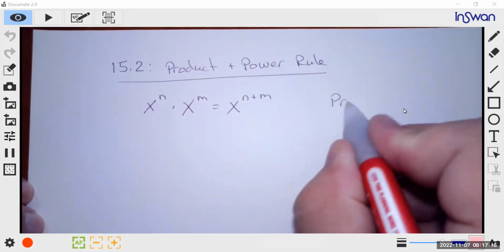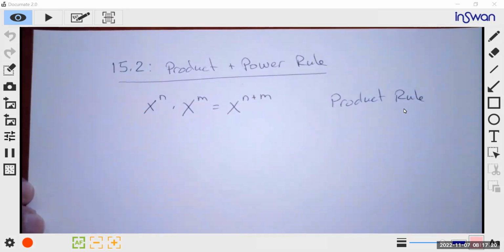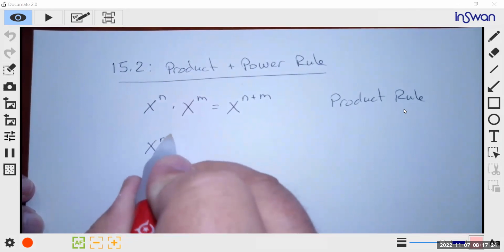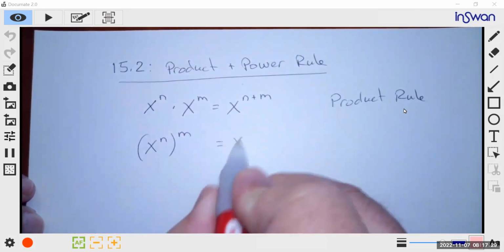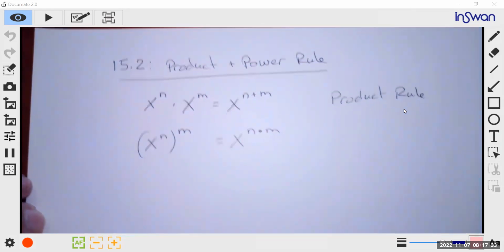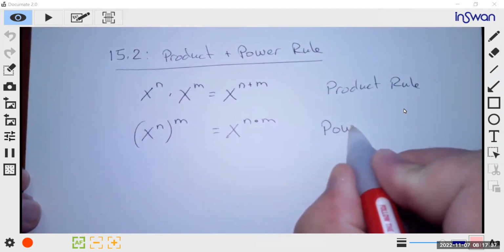That's the product rule. If I have an exponentiated number raised to a power, then I multiply those exponents. This is called the power rule.